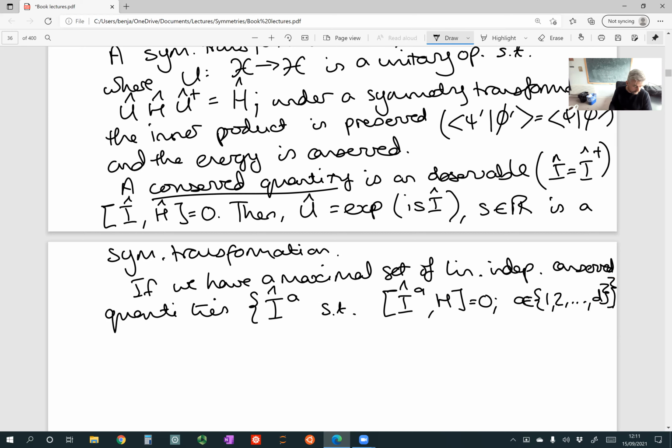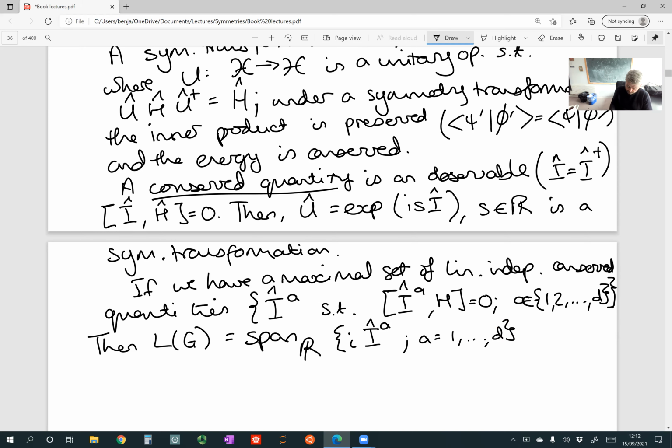Then the Lie algebra of the group transformation is the span over the real numbers of i times this conserved quantity I hat^A, A is 1 up to D. This is defined, because it's a span over the real numbers, as a real Lie algebra.